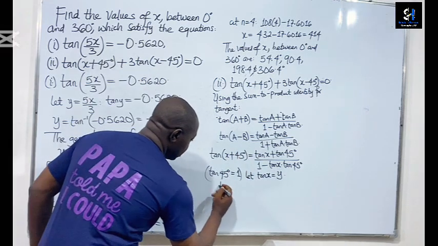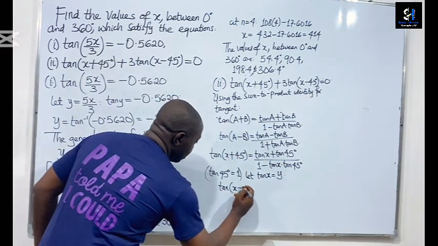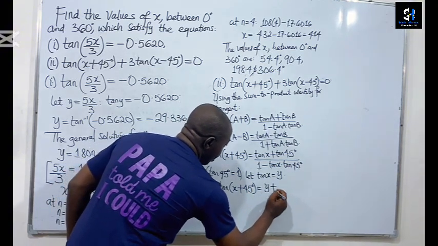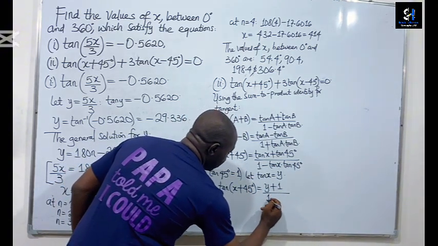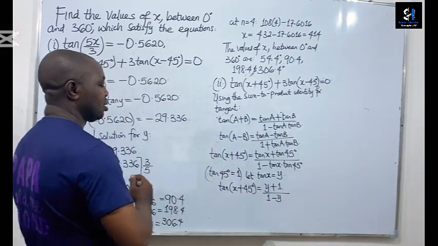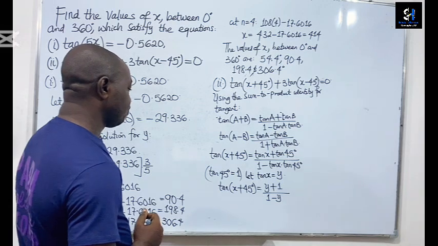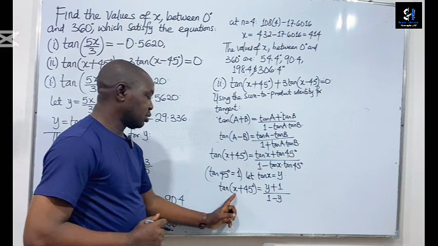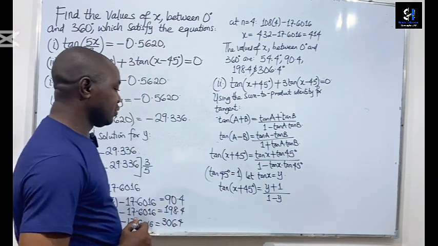So it means that tan(x + 45 degrees) will be (y + 1) divided by 1 minus y times 1, which is 1 minus y. Okay, all right, so this is when we have tan(x + 45 degrees).